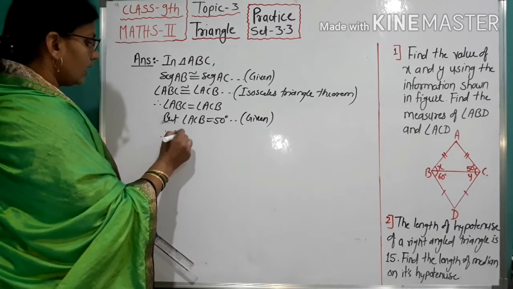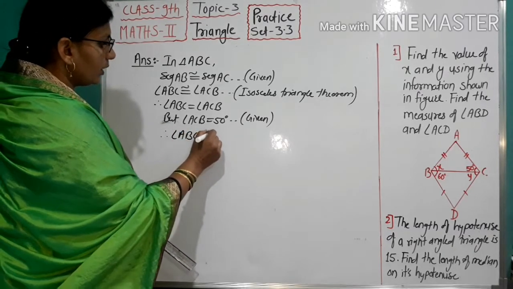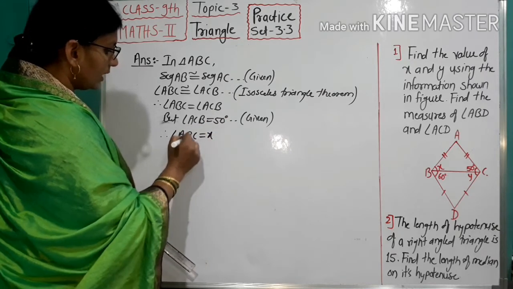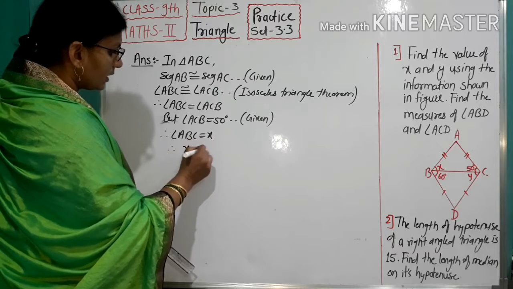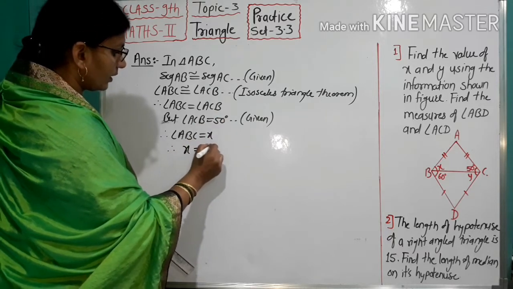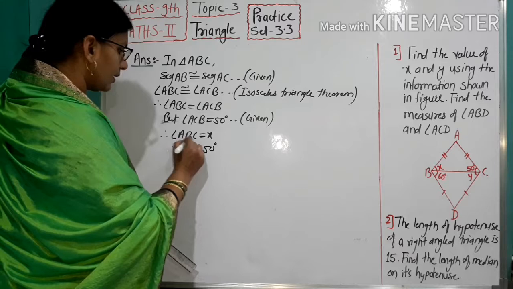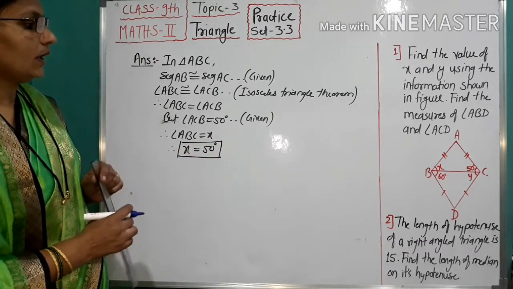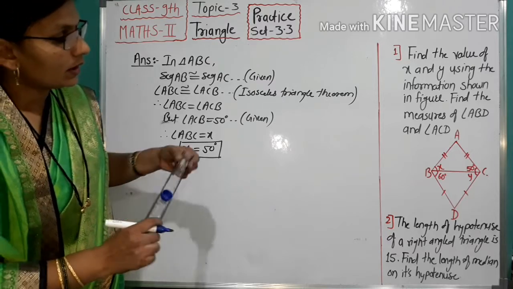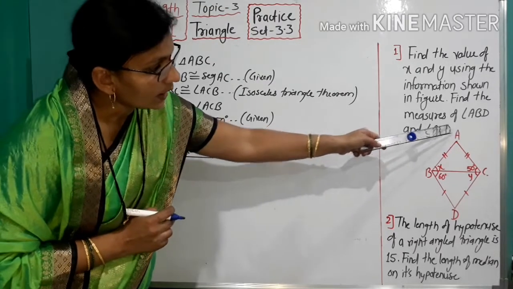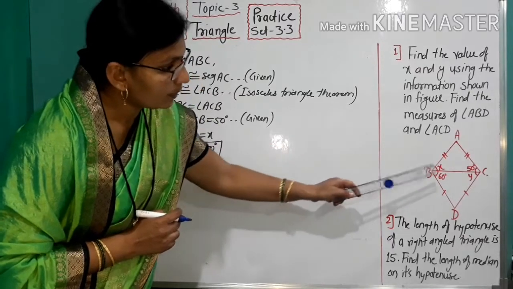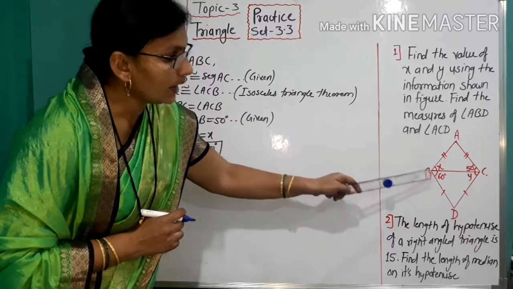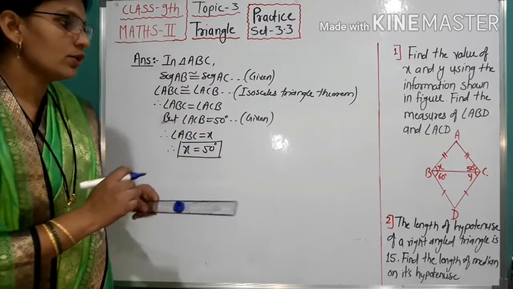Therefore, angle ABC equals x, and this x equals 50 degrees. Then, angle ABC plus angle DBC equals angle ABD, by the angle addition postulate.